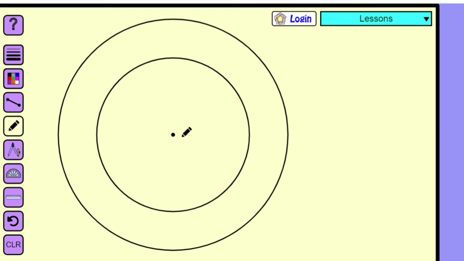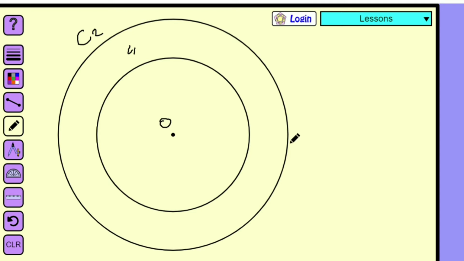So the center of the circle we can mark as O. We have concentric circles. The definition of concentric circles is circles with the same center and different radii. So we can mark the first circle as C1 and the second circle as C2.